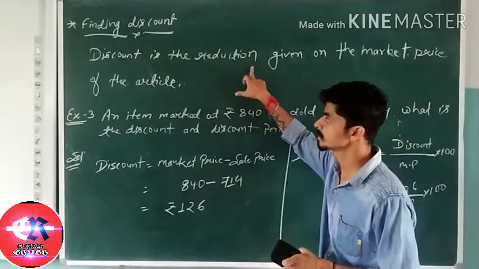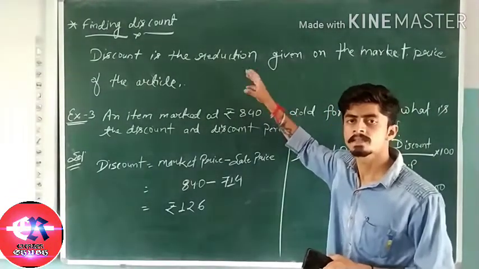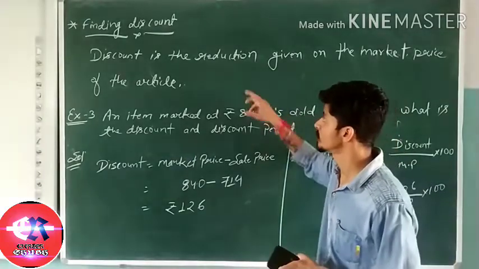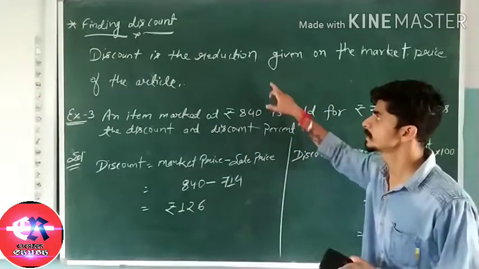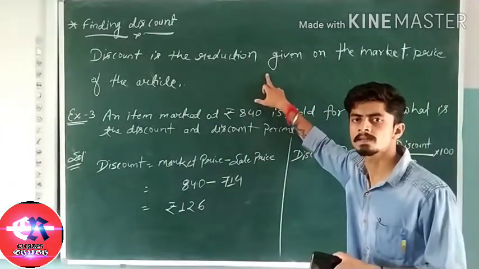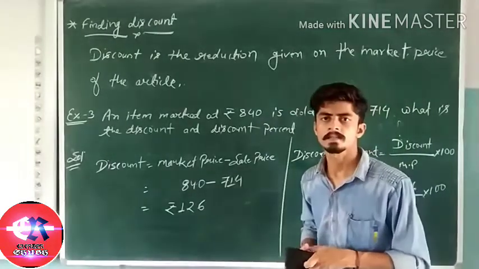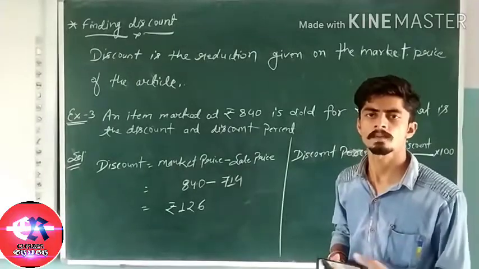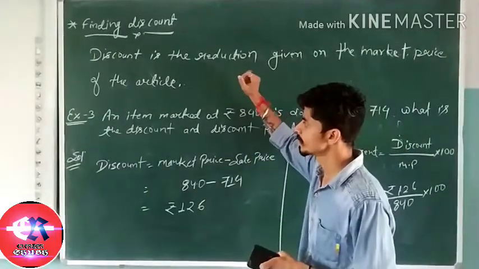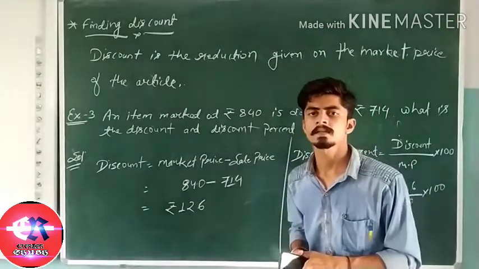Reduction means the amount which we can save from the market price. The shopkeeper is reducing or giving us as a profit, or we can say he is subtracting some amount from the market price. This is called a reduction. So that particular amount will be considered as a discount.